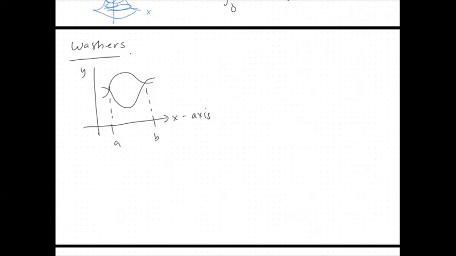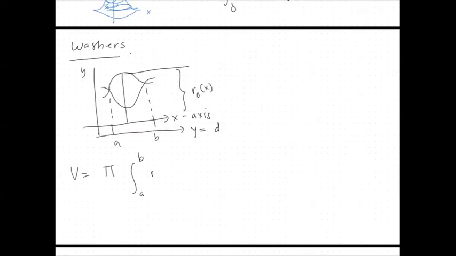And then this is y equal to, say, d. And then the volume will just be pi, integral from a to d, and this one is the outer radius squared, and then this one here is minus the inner radius squared dx.